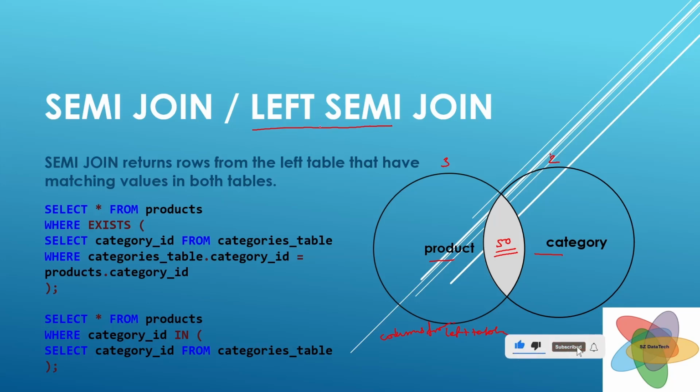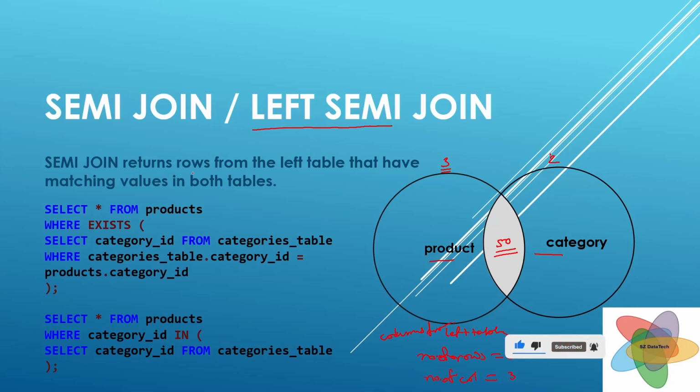But in case of left semi join we will get 50 rows but only the columns from the left table, that is 3 columns. So the number of rows equals 50 and the number of columns equals 3, and the same thing is mentioned over here.